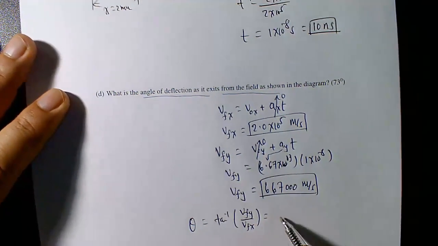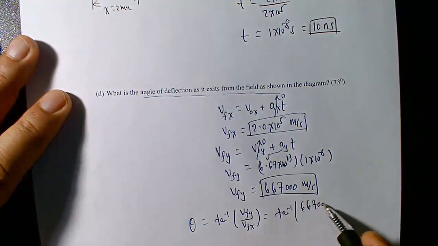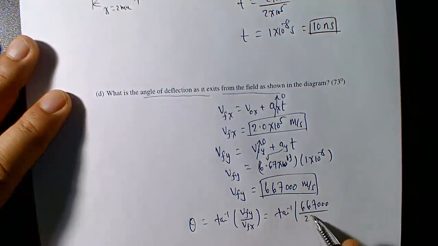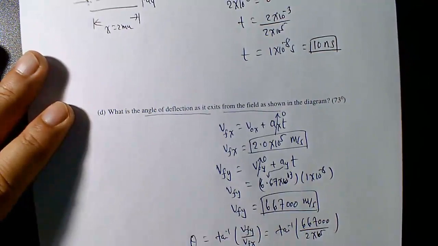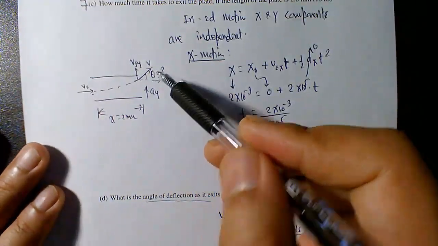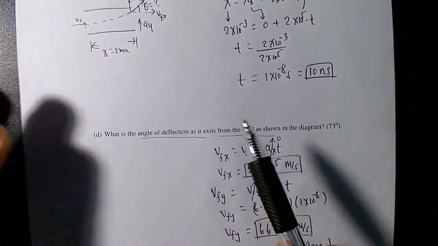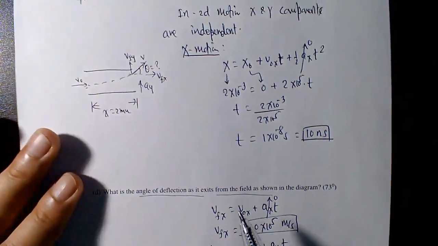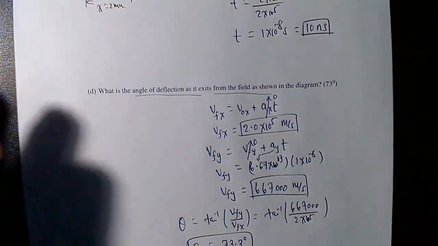That makes 73.3 degrees. When it exits the field, it is deflected by 73 degrees. So that's how you solve it. It's just like solving a projectile motion problem using dynamics and kinematics, just a reminder.